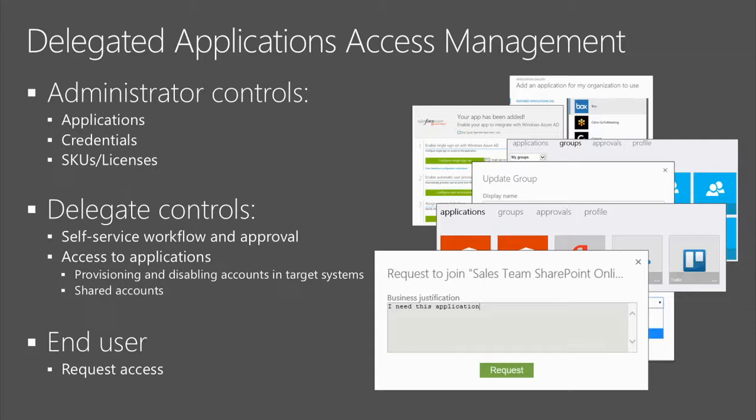And the end user themselves can also request to join, as you've seen, or join automatically depending on the policy. And so what you're doing here is distributing the workload across the organization to the right individuals. So you don't get phone calls in the middle of the night saying, I really need access to Twitter. What's the username and password? Somebody can submit the request and it will be handled by the right people. Good?